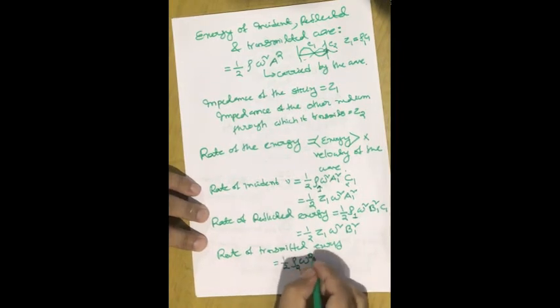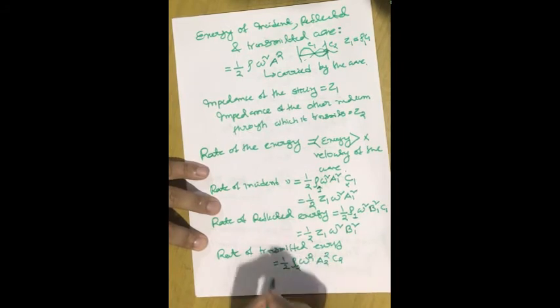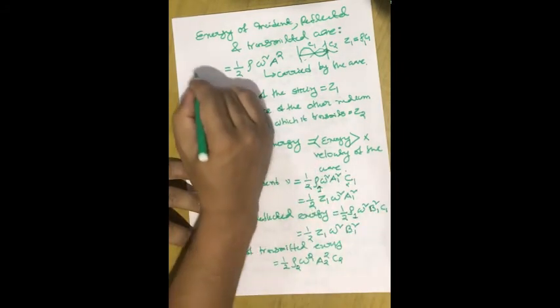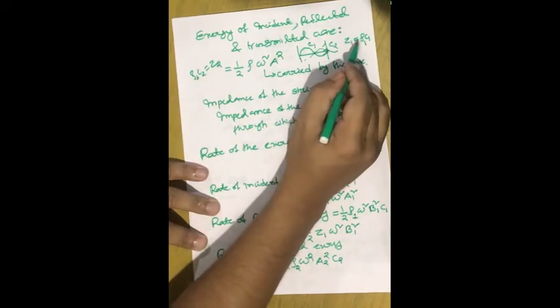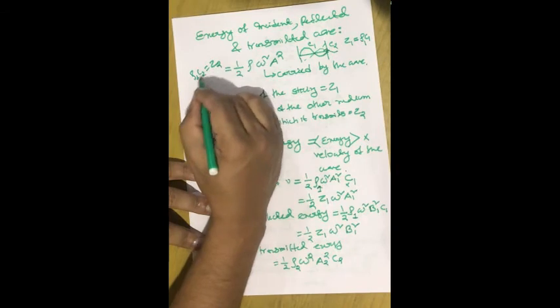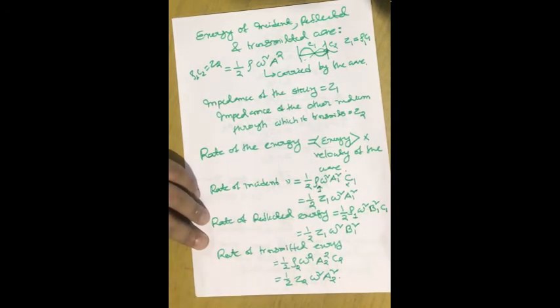So half rho 2 omega square into the coefficient A2 square into C2. Okay, so rho 2 into C2 we can put as Z2, since Z1 is equal to rho 1 C1. So this value will be equal to half into Z2 omega square into A2 square. This is the value of the rate of transmitted energy.